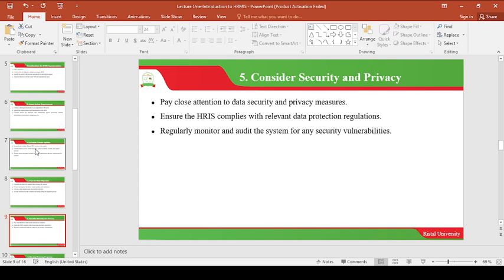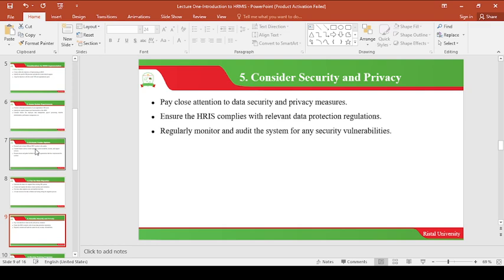Then you need to ensure that the human resource information system complies with the relevant data protection regulations. Finally, you need to regularly monitor and audit the system for any security vulnerabilities. So how vulnerable is your system, okay, in terms of hacking? You need to monitor because we have hackers.